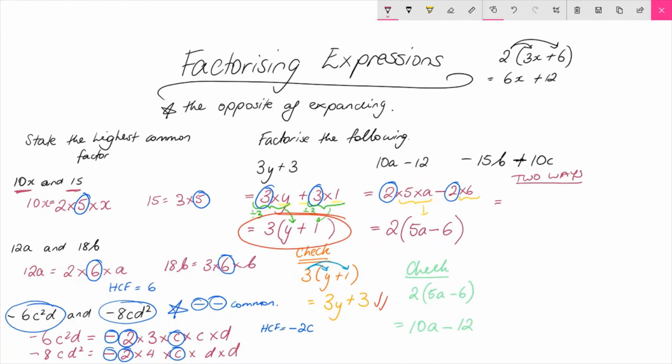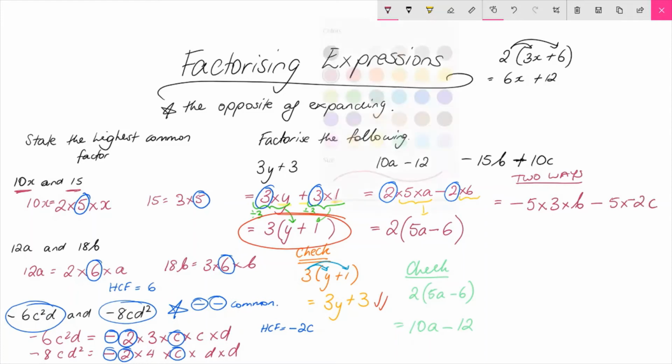Firstly, let's have a look at the negative 15b plus 10c. If I look at the negative 15b, I can say that's negative 5 times by 3 times by b, and positive 10c could be minus 5 times by minus 2c.